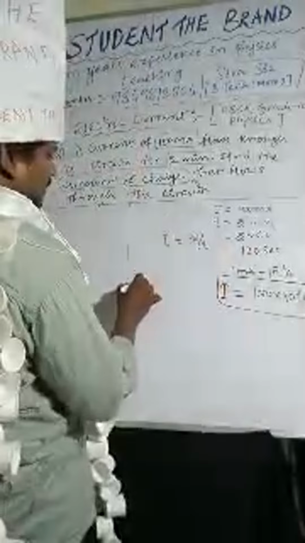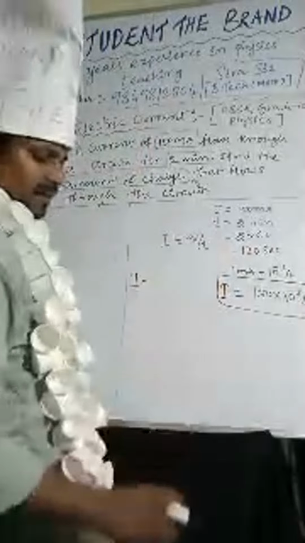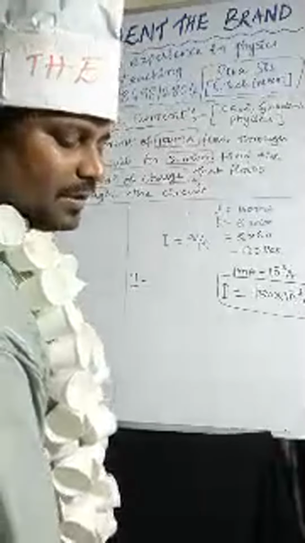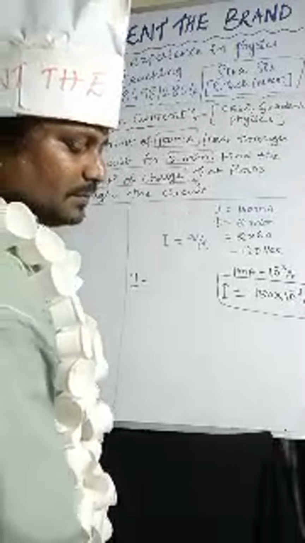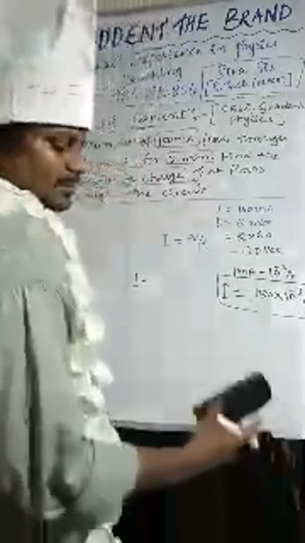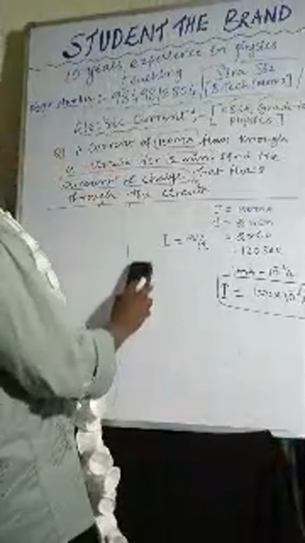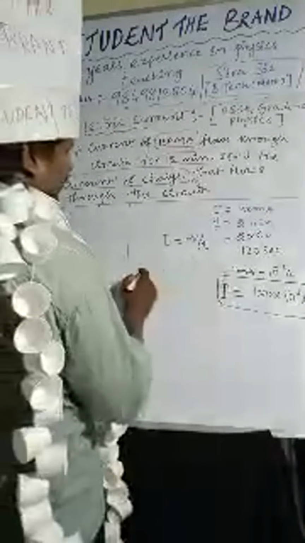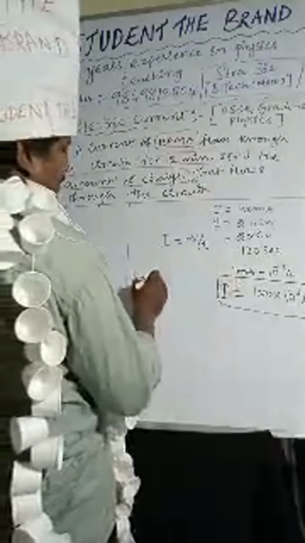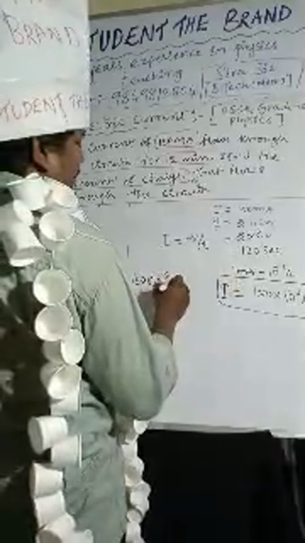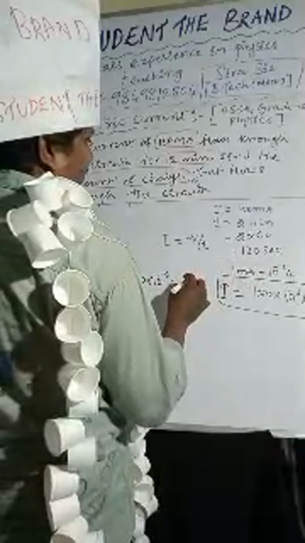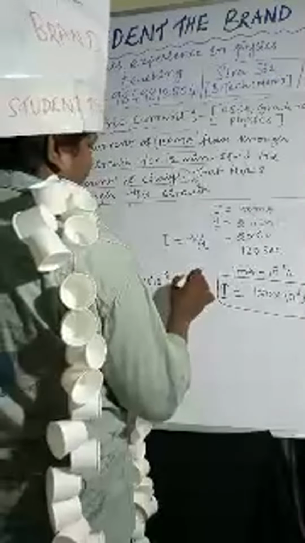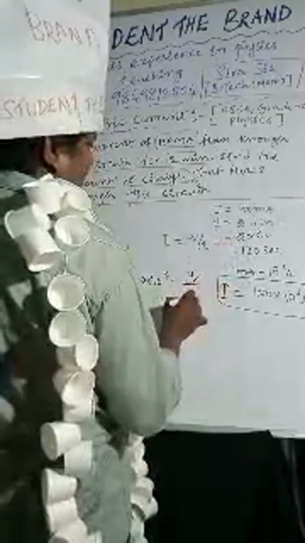Then I we know, right? 150 into 10 power minus 3 equal to Q, we need to find out. Charge only, right? Q by 120 seconds.